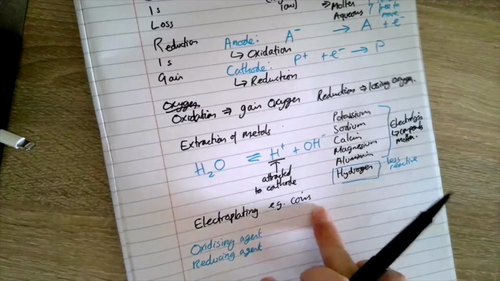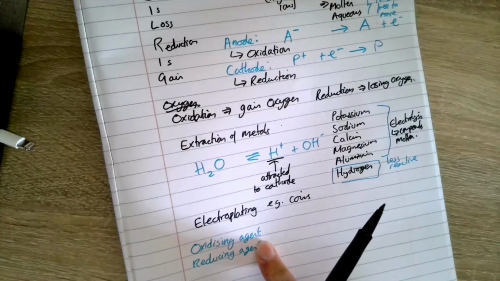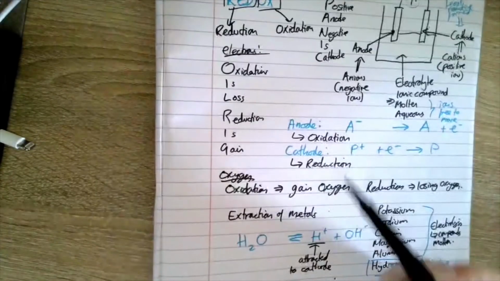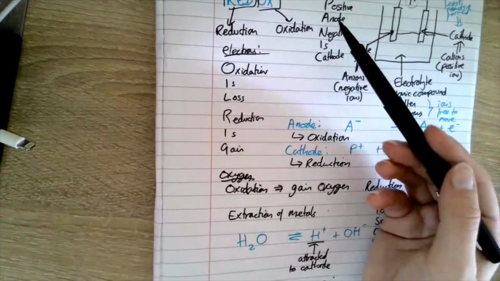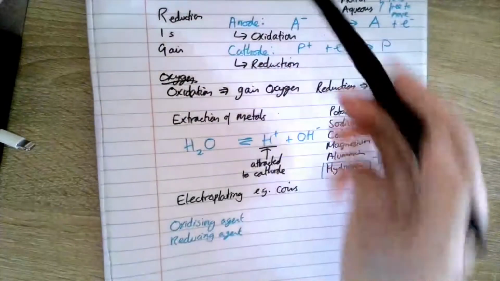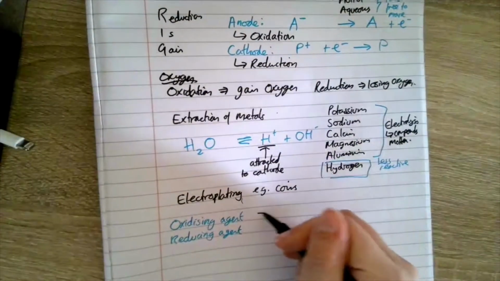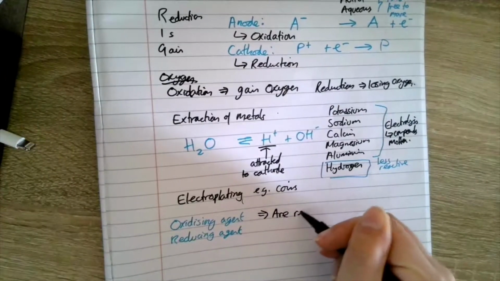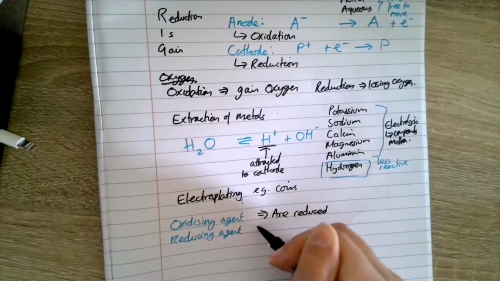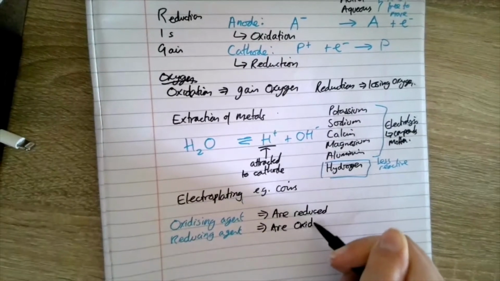So the other species gets oxidized, the other species gets reduced, but as we said at the start, they're happening simultaneously. So whilst one thing is oxidized, the other thing is reduced. So for them to enable something else to be oxidized, they themselves are reduced. And our reducing agents are oxidized.